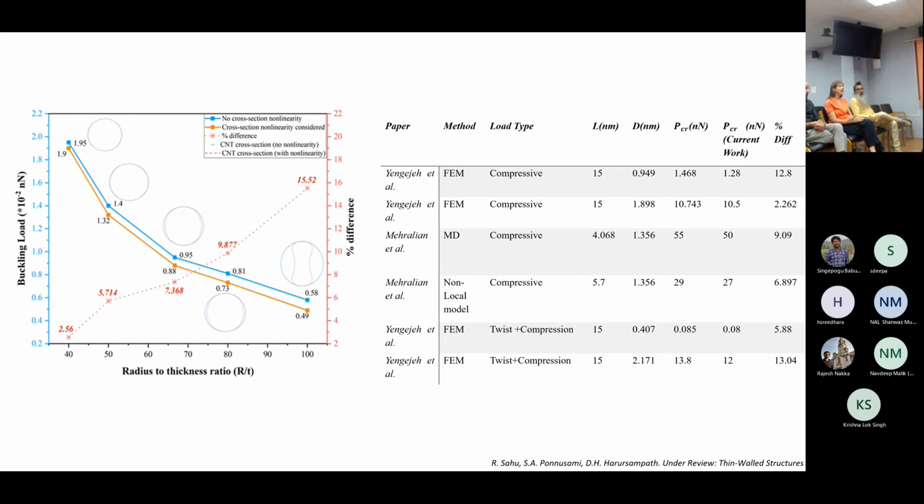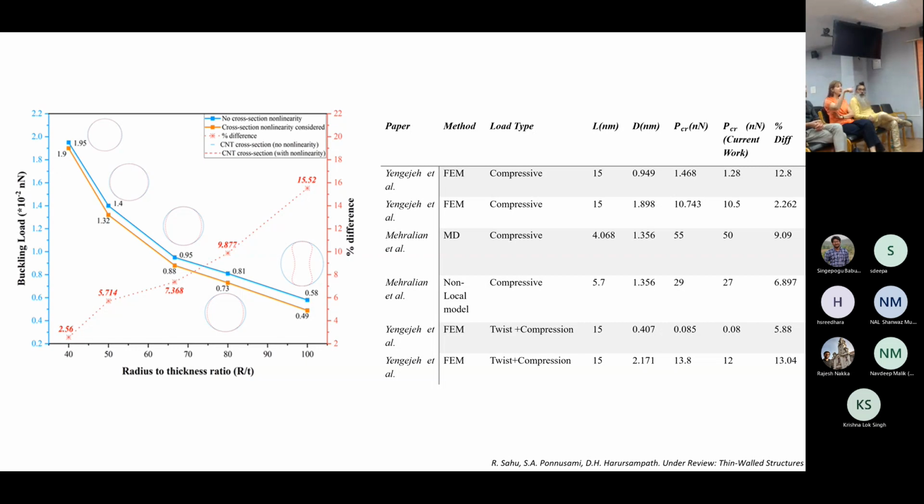What we obtained was that for shell elements, they give a lower buckling load compared to our result because they take into account the cross-sectional deformation also. And for beam elements, since we are considering a straight beam without taking the cross-section into account, we have a higher value. So our model lies somewhere in between.